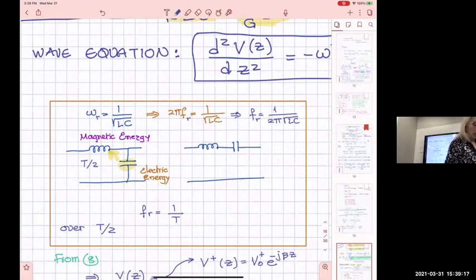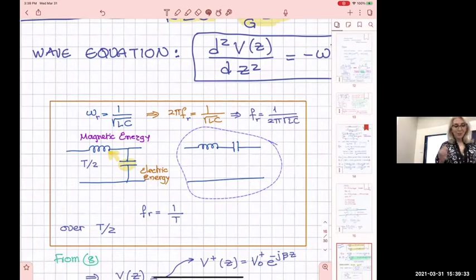What happens if you have an LC configuration? This is what we have here. But another LC configuration you have seen is this one. Is that right? In circuits, a series configuration. That's a question that I asked the other section: this one is a series configuration, the one highlighted here with a circle.